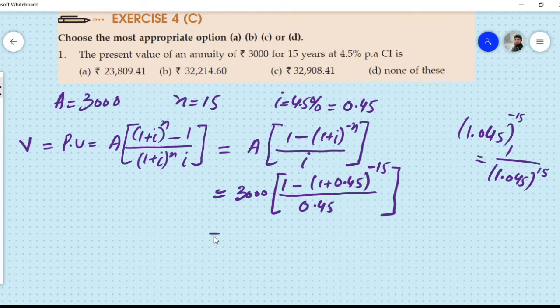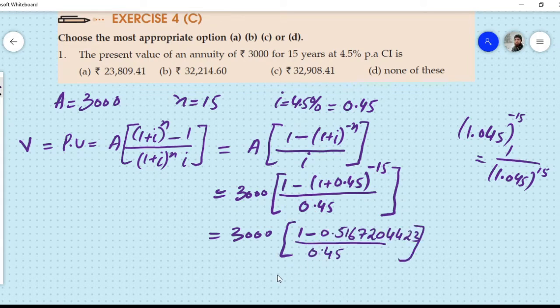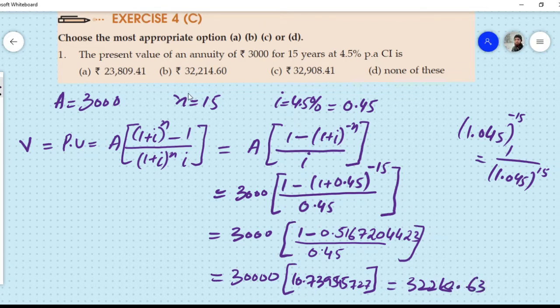So when I did this, I found its values, which I will write. It is equal to 1 minus this value, then this is equal to 3000 into 10.7395727, which is equivalent to 32218.63.